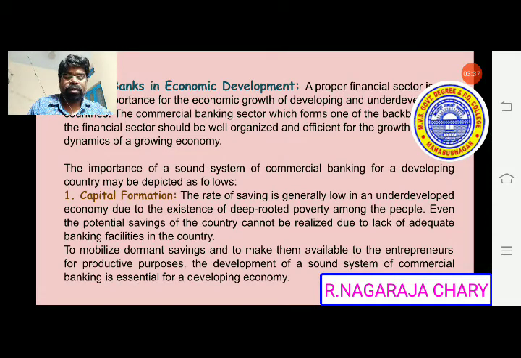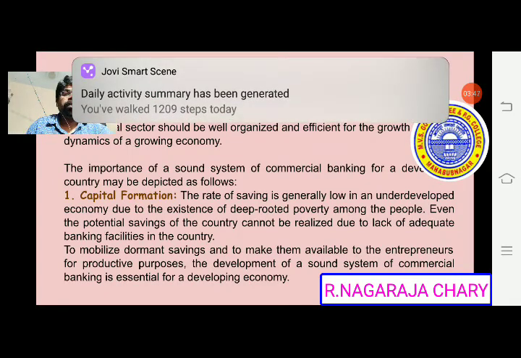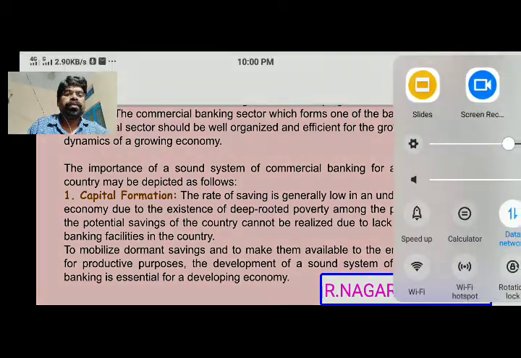So the banks' primary duty is collecting deposits in terms of money.